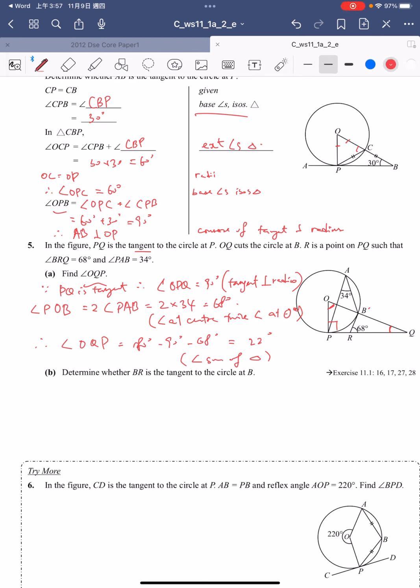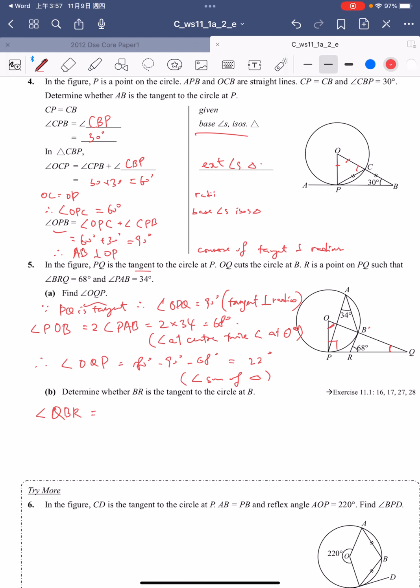So we can say that the angle QBR is equal to 180 degrees minus 68 degrees minus the angle we found in question 1, so minus 22 degrees, which gives you 90 degrees. So that we can say BR is perpendicular to OB, so that BR is the tangent. That's the reason of the converse: tangent perpendicular to radius.